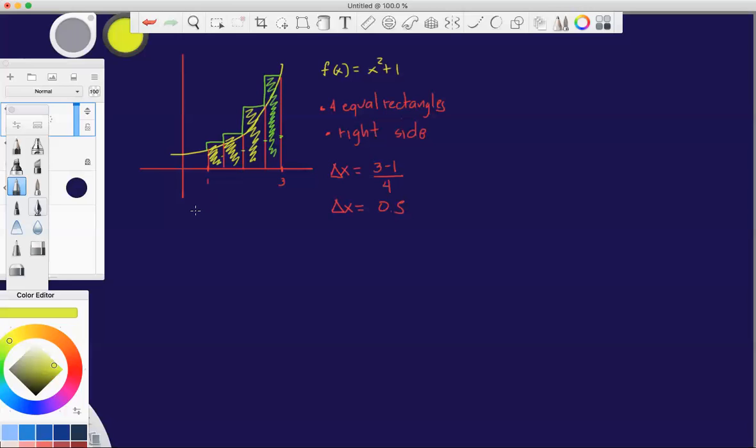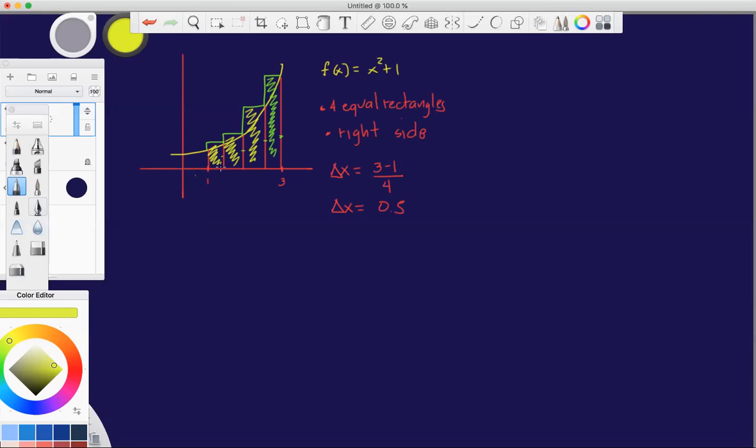And after this one, we're going to have a short discussion of whether the right side will always give us an overestimation, or would it differ on every function. It would differ. So we're going to have some examples on that. So for now, let's first do our right side.